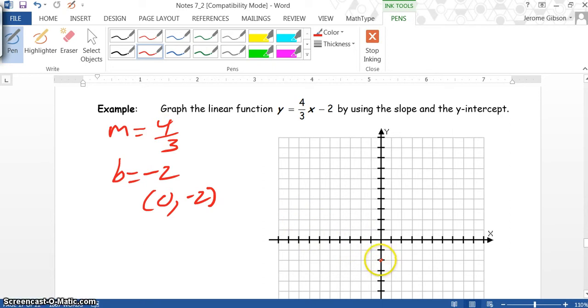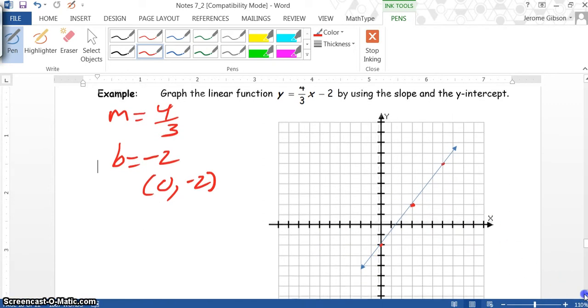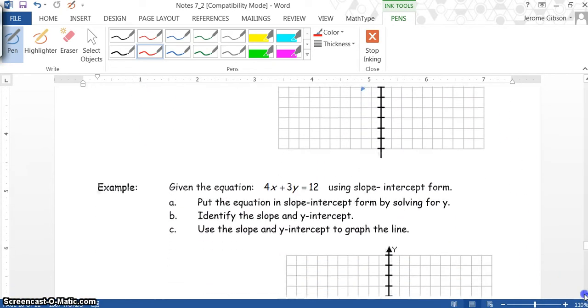Our rise is +4, so we will go up 4, and then we will run 3 and plot our point. Now we could do that again. We'll rise 4 and run 3. And now we will draw our line, which we have here. This is my line.